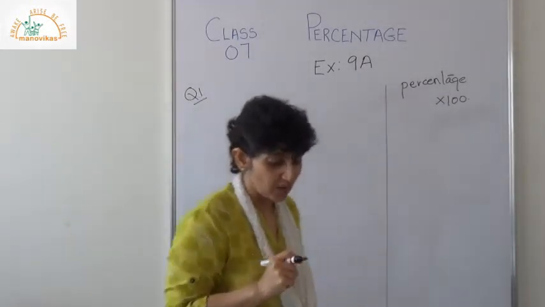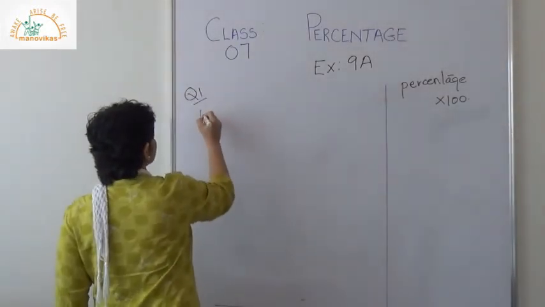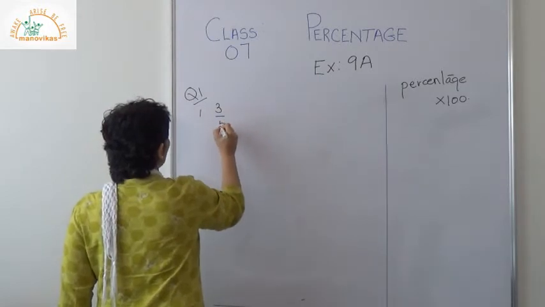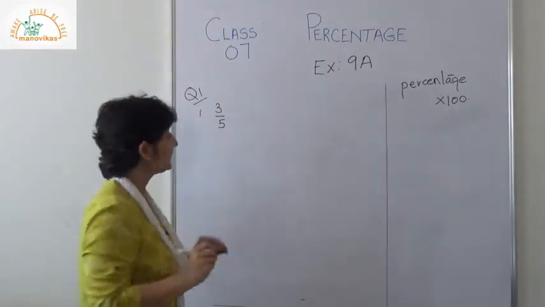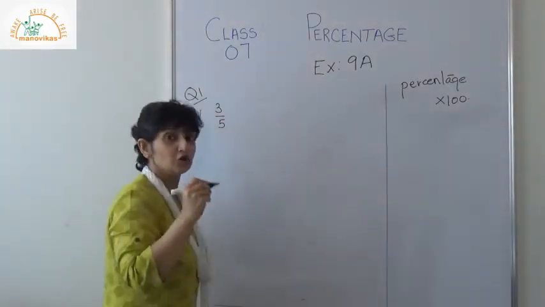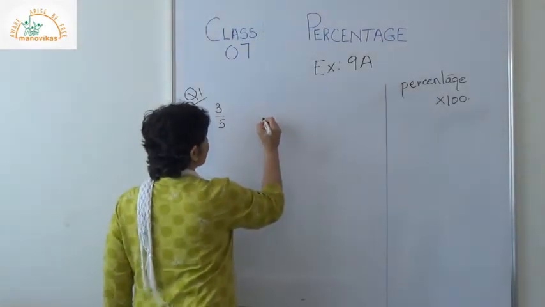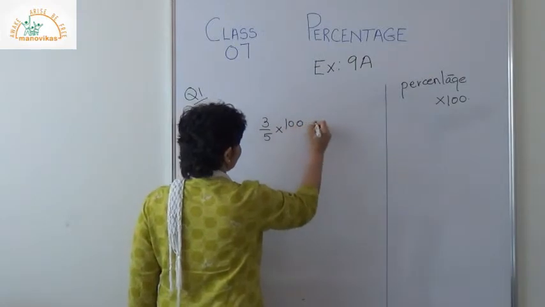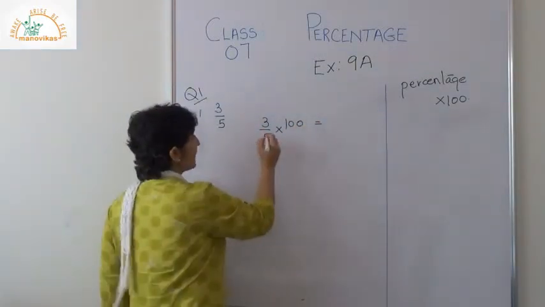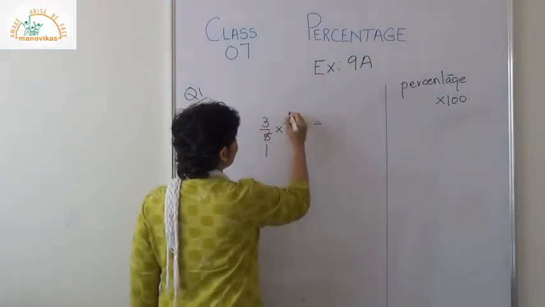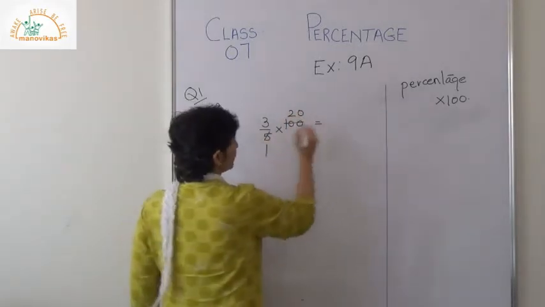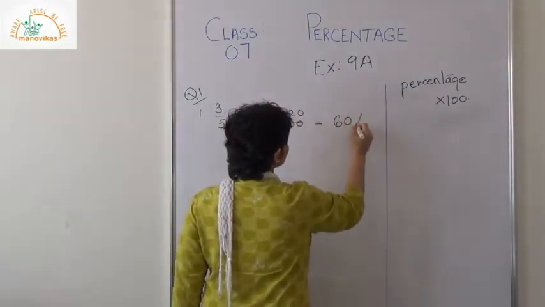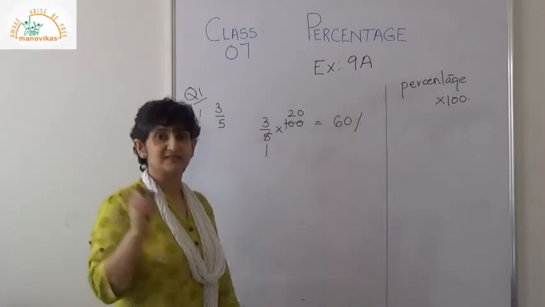So, the first one is 3 upon 5. You're going to multiply it with 100. So, it is 3 upon 5 into 100. So when I reduce, I get 5 ones are 5, 5 twos are 10, 0. So 3 twos are 60%.